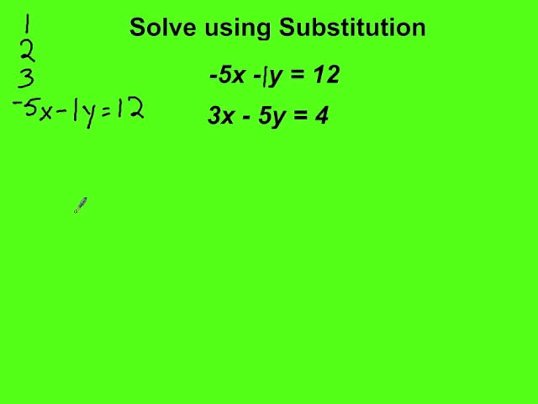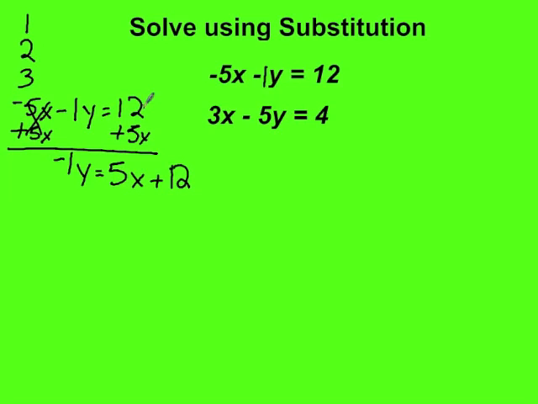I need to get the y by itself now because I'm trying to isolate the variable. Add 5x. That equals -1y equals 5x plus 12. 12 doesn't have an x, so they can't be combined, so we get 5x plus 12. Still need to get rid of that -1.